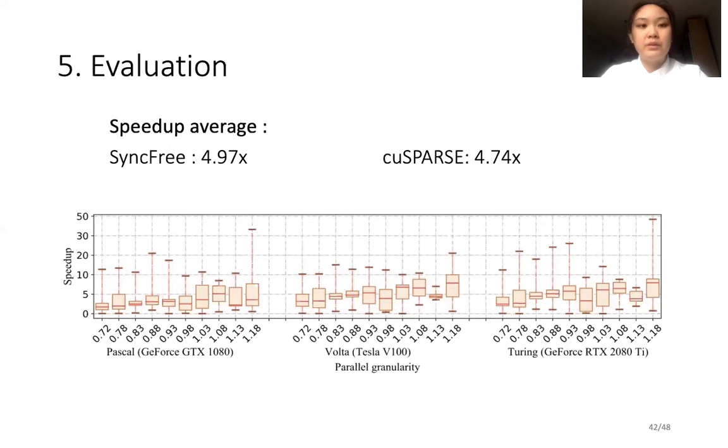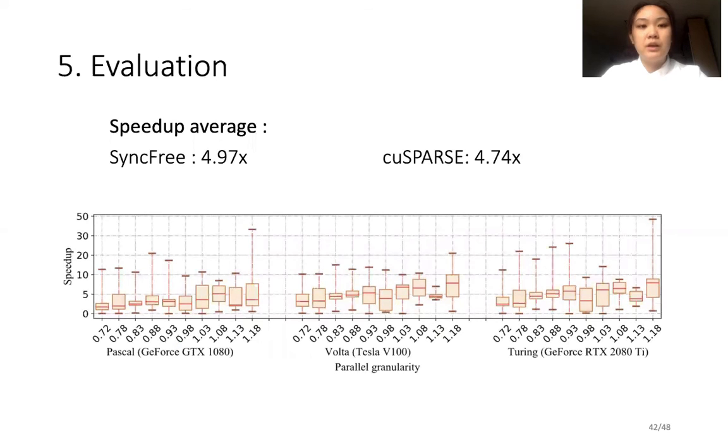Besides, CapelliniSpTRSV achieves 4.97 times speedup over SynchroFree and 4.74 times speedup over cuSPARSE. We show the performance speedup of Capellini over SynchroFree in the figure, and we can see that the performance benefit increases along with the parallel granularity.